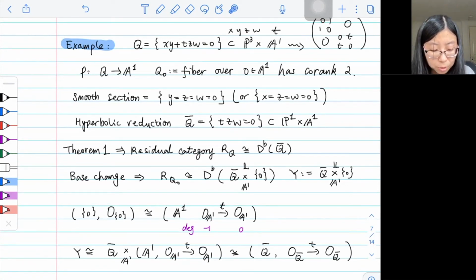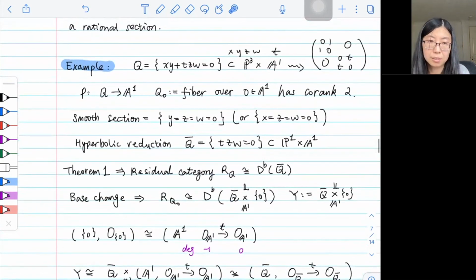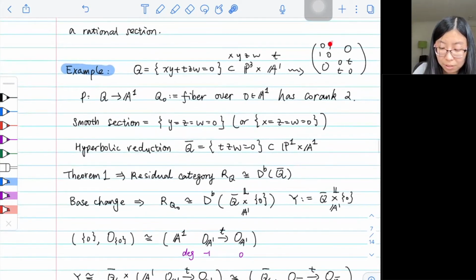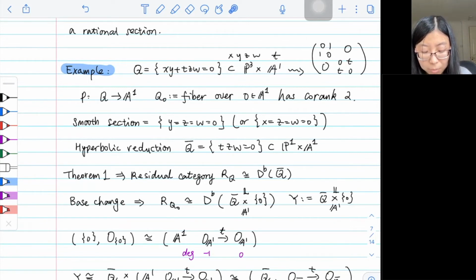For both of them, when you do the hyperbolic reduction, you will get the same reduced quadratic form, just by eliminating this hyperbolic part. And then we get Q bar given by the equation tzw equals 0 as a subscheme of P1 times A1.